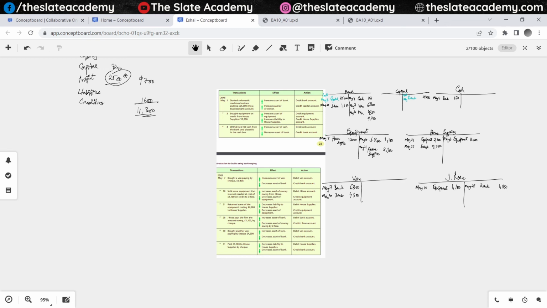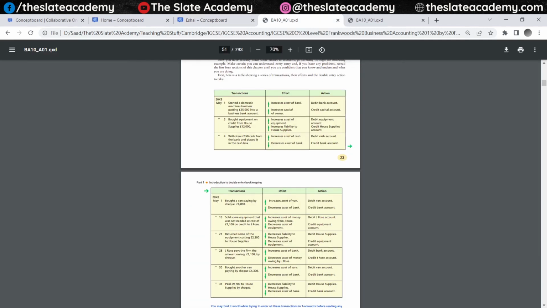And in the bank account we'll write house supplies and again May 31. That's it for this particular question, and hopefully you have learned how to account for the increase and decrease of assets, capital, and liabilities in their respective T accounts.